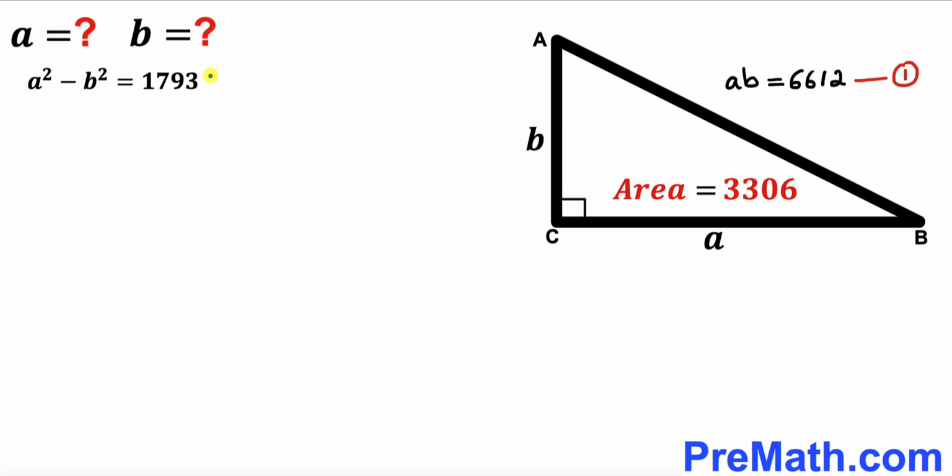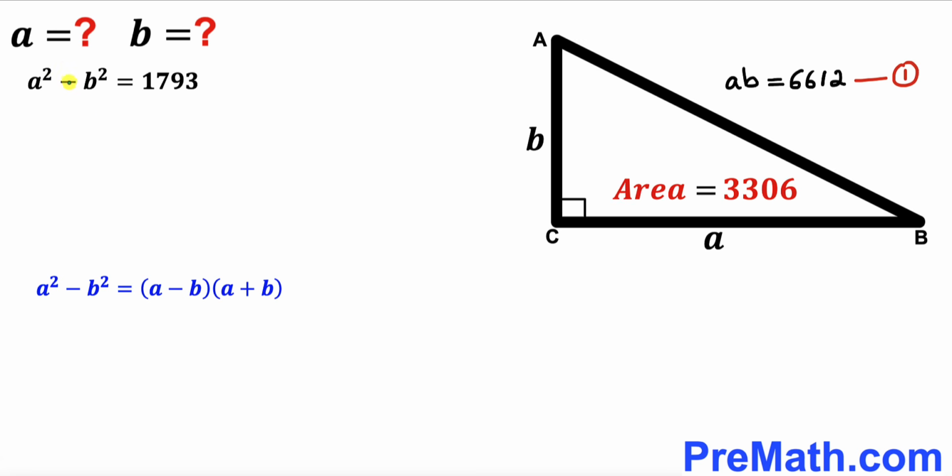I'm going to label this as equation number 1. Now let's recall the given equation: a square minus b square is 1793. Let's recall this famous identity: a square minus b square can be written as a minus b times a plus b.